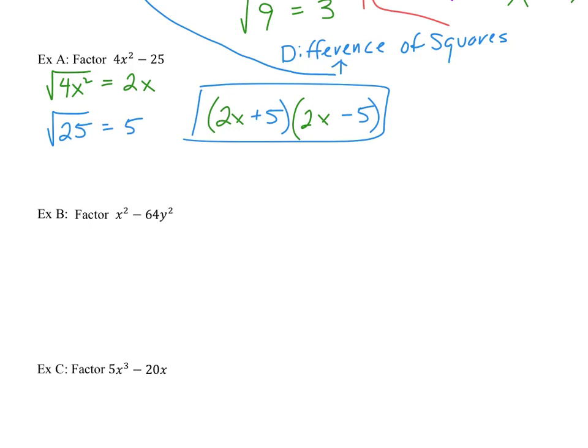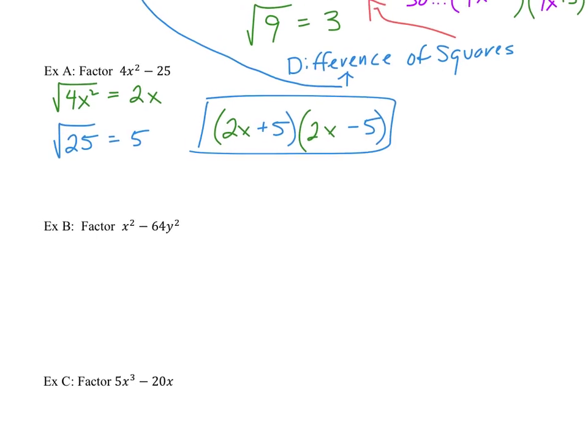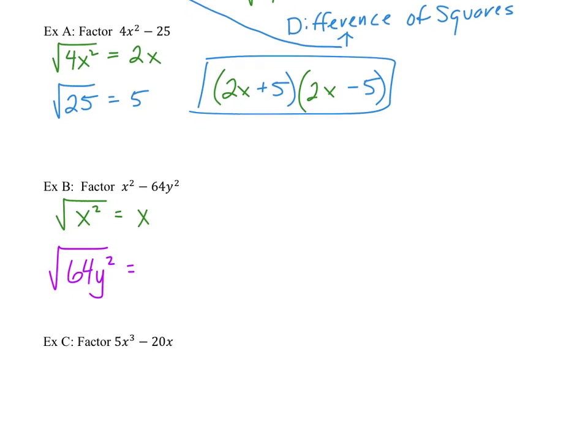Okay, let's look at example B. So square root them. The square root of x squared will give me just x. And the square root of 64y squared: the square root of 64 is 8, and the square root of y squared would just be y.